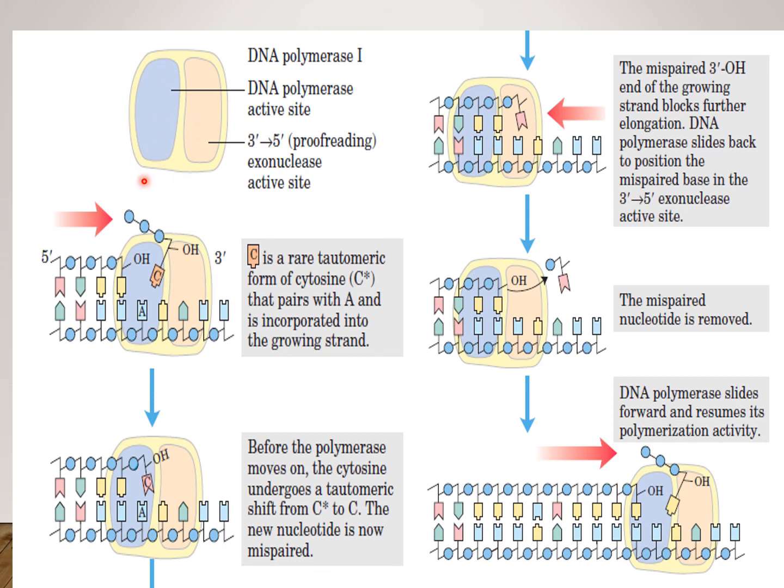The blue subunit is for DNA polymerase activity, that is addition of nucleotides, and subunit 2 does the job of proofreading. When the template is passing through the enzyme, the polymerase part puts the nucleotide according to base pairing.